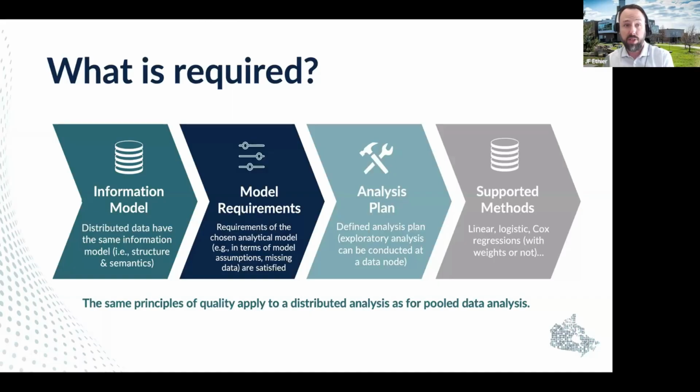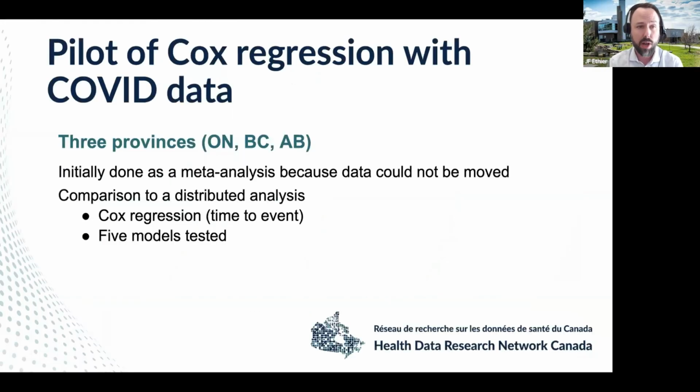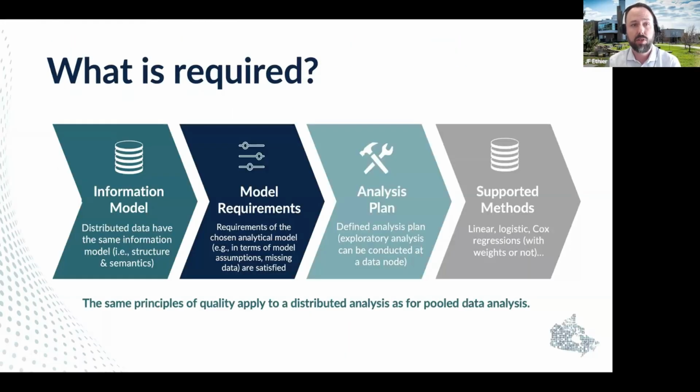And then you come to the supported methods. At this point we're supporting things like linear regression, logistic regression, Cox models, and all the details are on the websites. And I would add that we're supporting them weighted or not. So plain, for example, logistic regressions or weighted regressions.